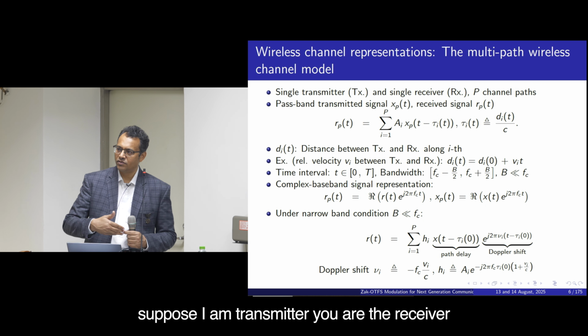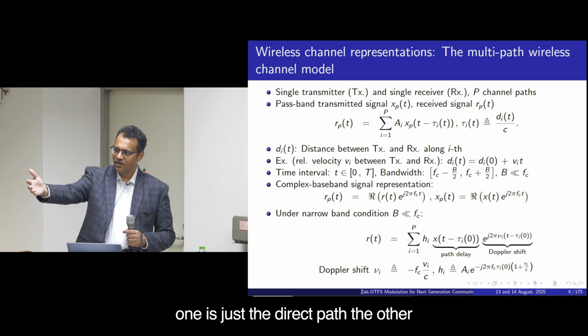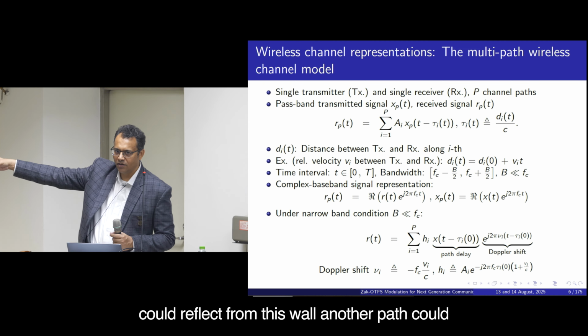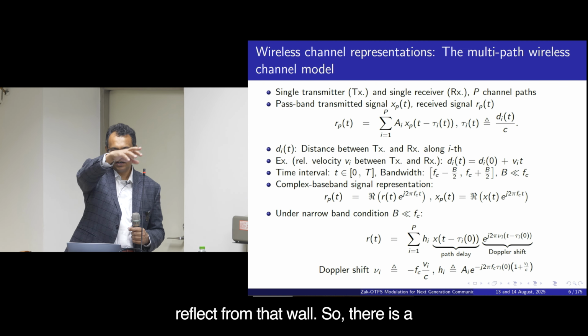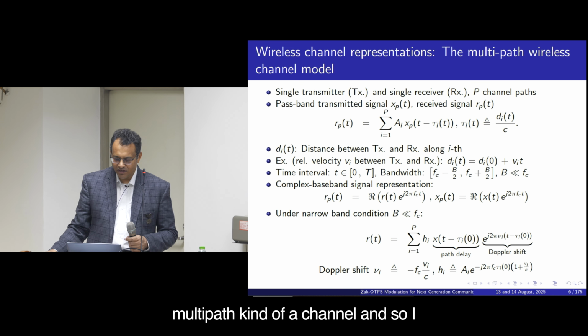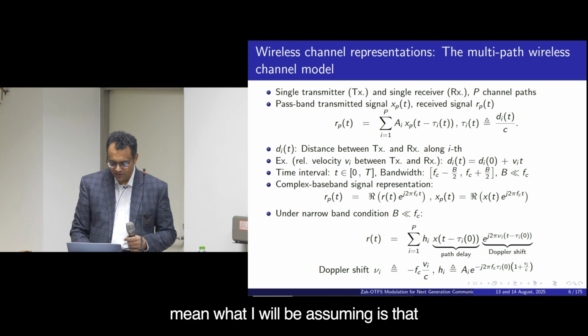Suppose I'm the transmitter, you are the receiver. One is just the direct path, the other could reflect from this wall, another path could reflect from that wall. So it's a multi-path kind of channel.